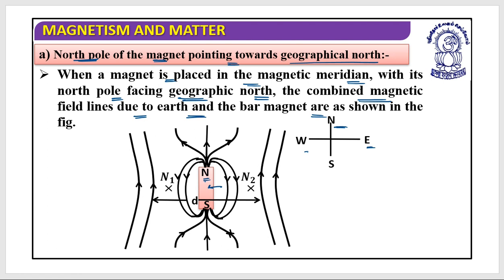The magnetic field lines due to this bar magnet go from north to south, leaving from the north pole and reaching the south, something like this. These are the magnetic field lines due to the north and south of the bar magnet, and these lines are due to the geographical north and south.